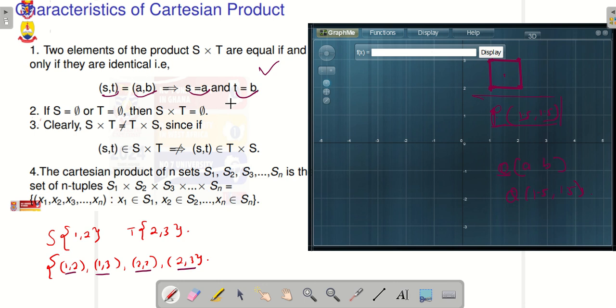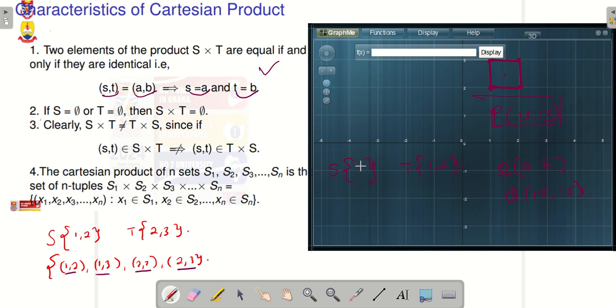Two. If the set S is an empty set, or T is an empty set, then S cross T will also be an empty set. If I give you an empty set, let's say set S is an empty set, there is nothing in it, and I give you set T, let's say containing 1 and 2, and I ask you to form an ordered pair or plot the points in S against T, the question you ask yourself is, what are the elements in S?